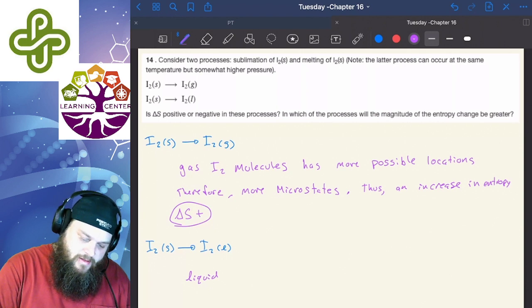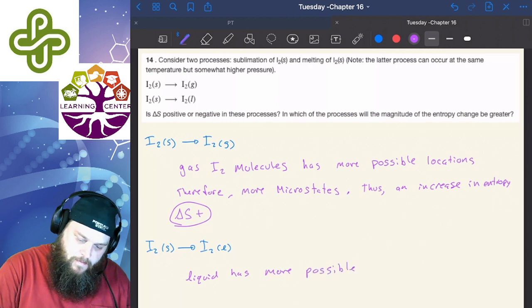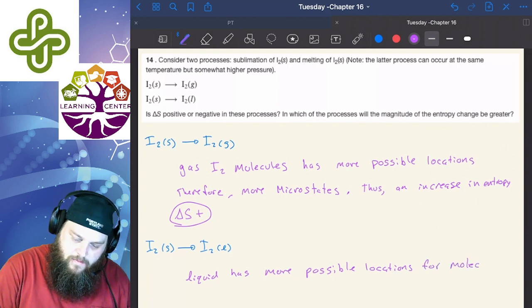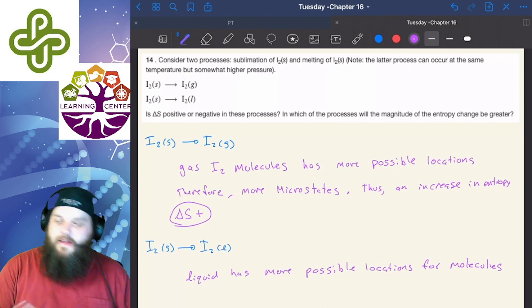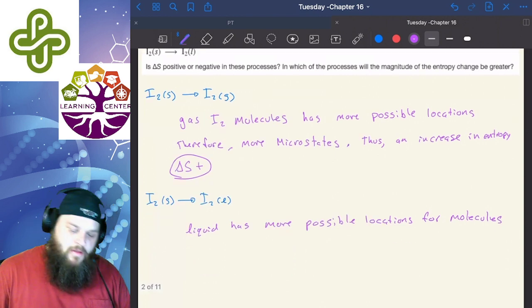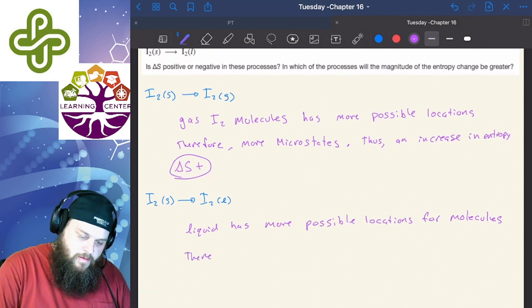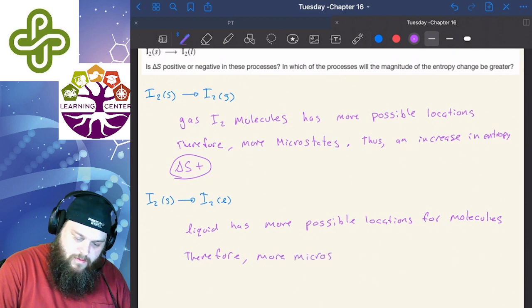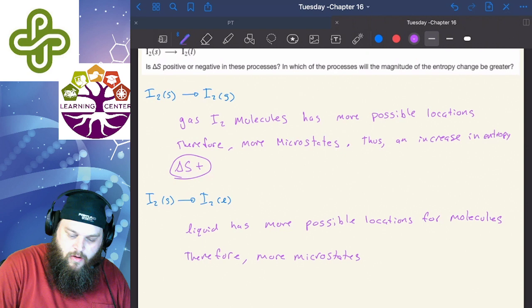So the liquid still has more possible locations for the molecules. It can still spread out more, so it's going to have more possible microstates as well. So therefore, more microstates are possible.